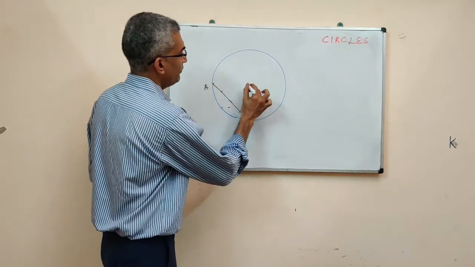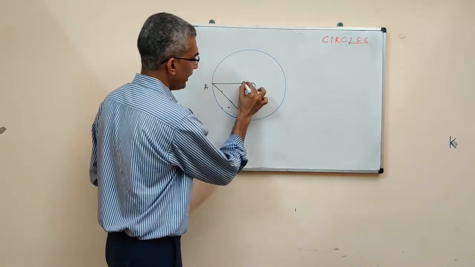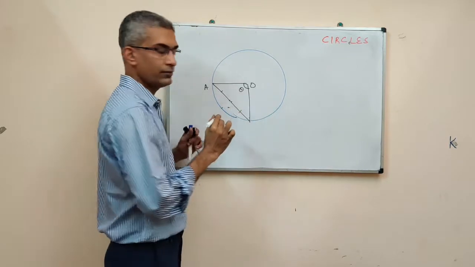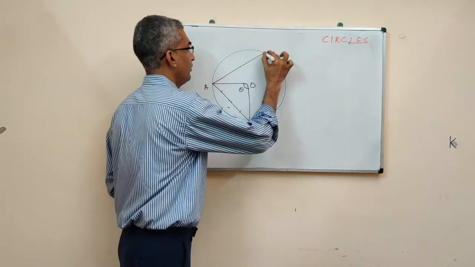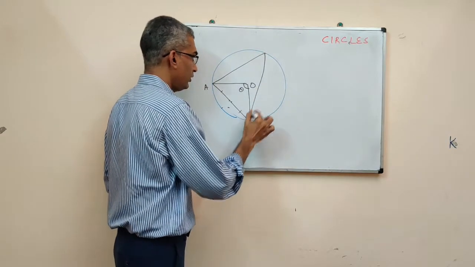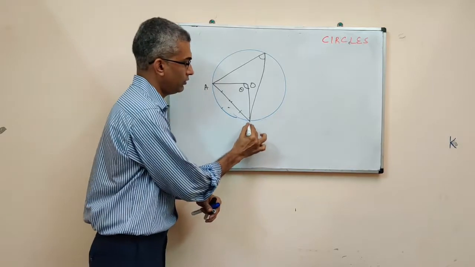Let's say we have a circle with center O. This angle is called the central angle. This angle is called the angle subtended by this arc.